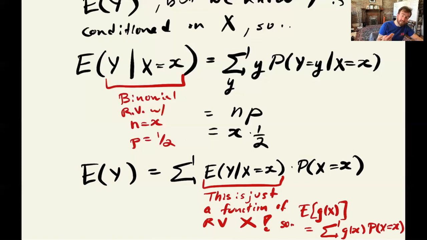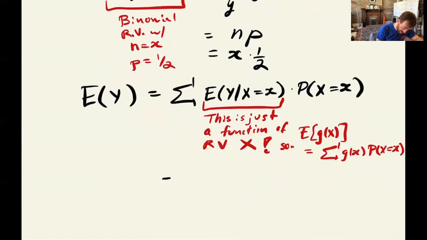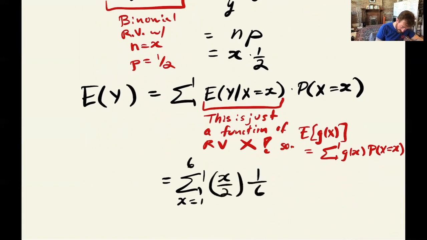And intuitively, this also makes sense because we know the expected value for y, assuming we know x, ends up being x over 2. So now we just need to sum up over the possible values of x and their probabilities. So this ends up equaling the sum from x equals 1 to 6 of x divided by 2 times 1/6. Now notice this actually looks almost identical to the expectation for x, except I have this extra factor of 2 here.